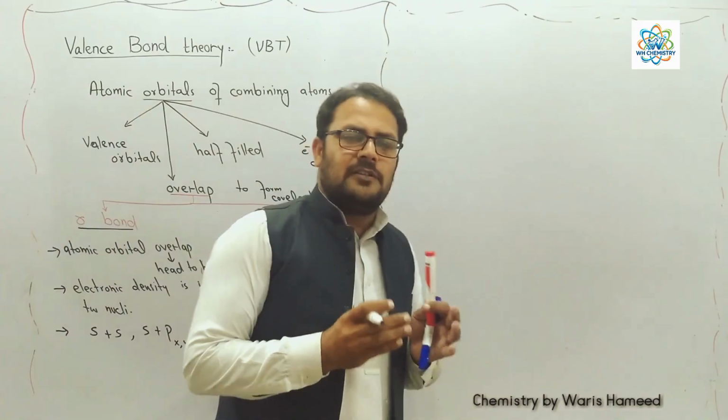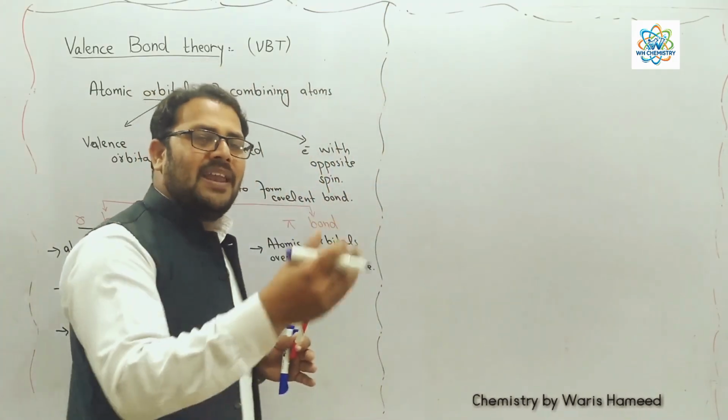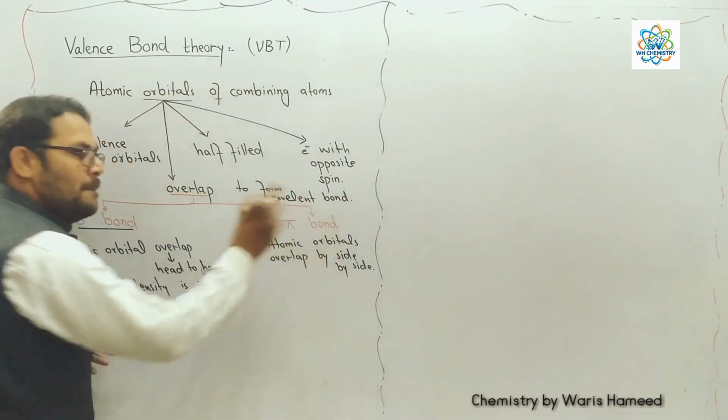when atomic orbitals overlap side by side or parallel to each other, they form a pi bond.